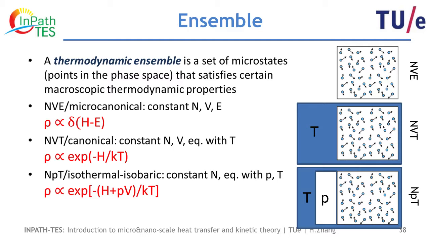The second example here is the NVT ensemble, also named canonical ensemble. This is the most used ensemble. The NVT ensemble describes a system in thermal equilibrium with an external heat bath at temperature T. It also has a constant number of particles N and a constant volume V. To be noted here, the system's microstates can still have instantaneous temperatures.